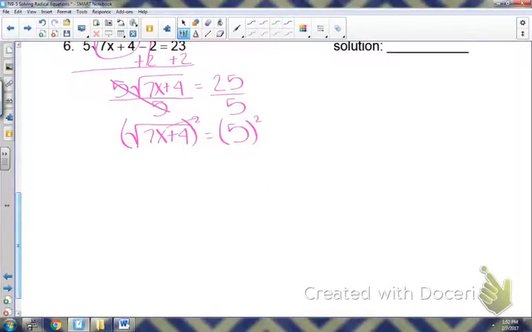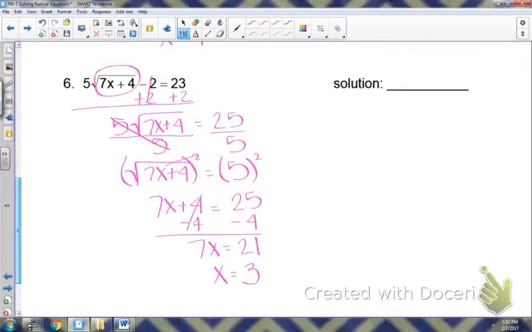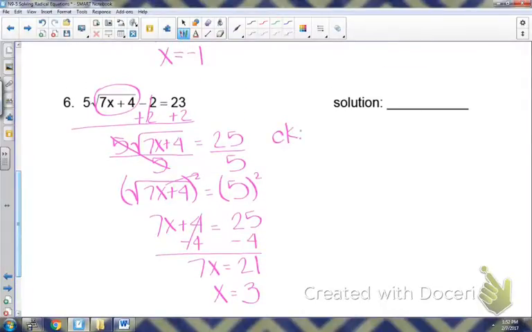So I'm just left with the radicand. 7x plus 4 equals 25. So subtract 4. We have 7x equals 21, so x would equal 3. So when you're checking it, 4, so 25.